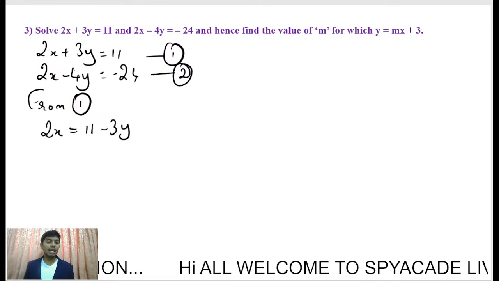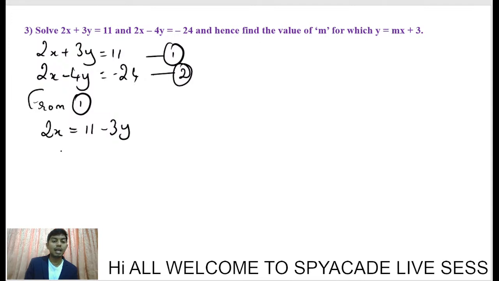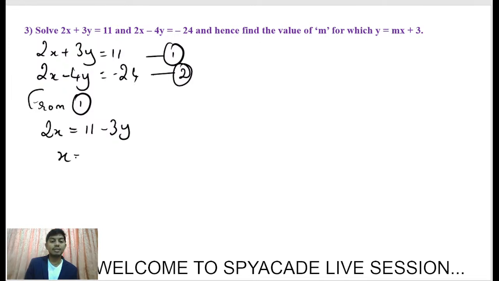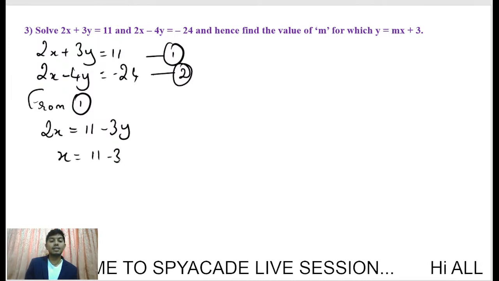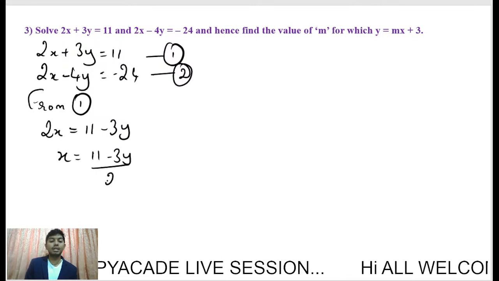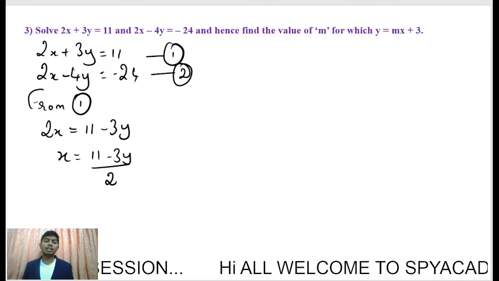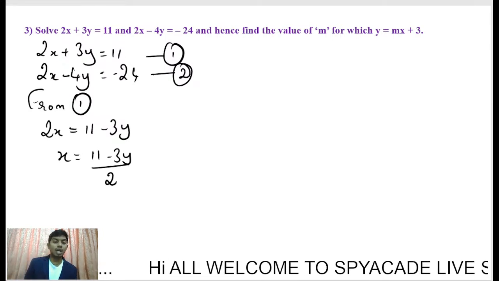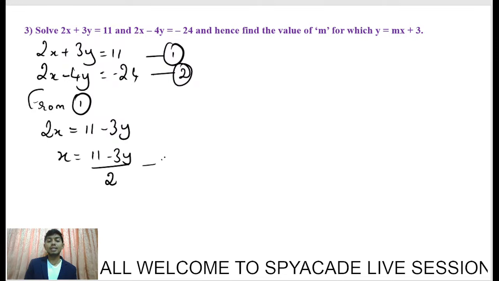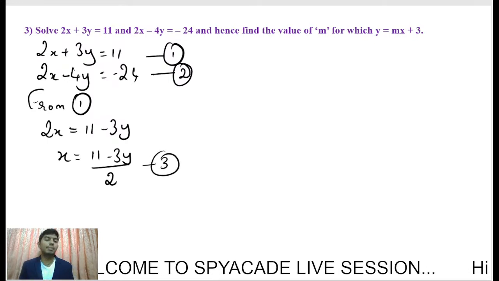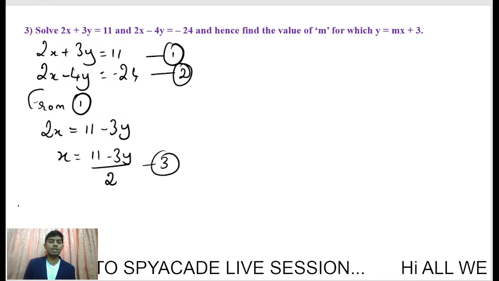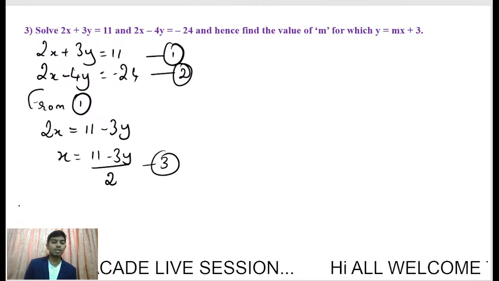And then what will be the value of x? x is equal to 11 minus 3y divided by 2. Now this one we may keep as the third equation.